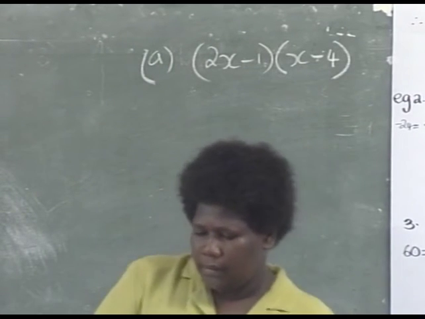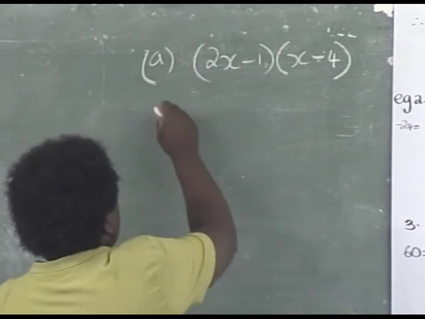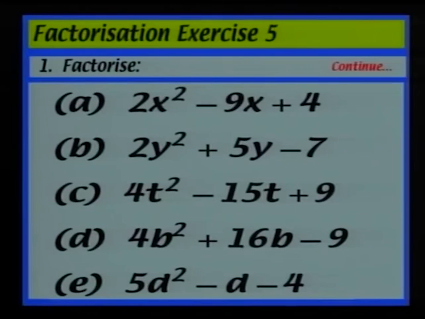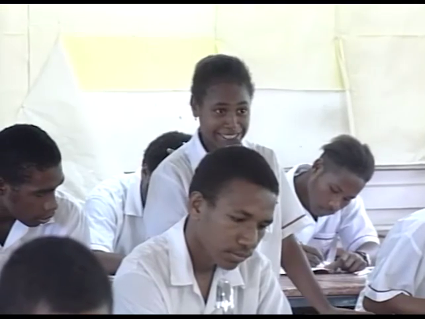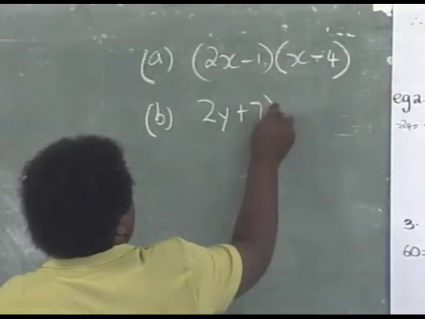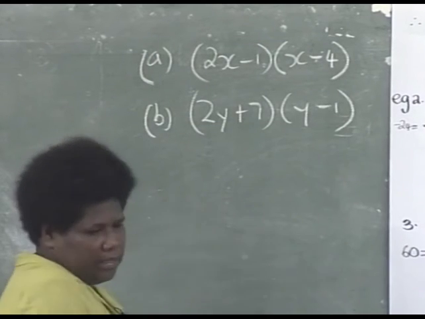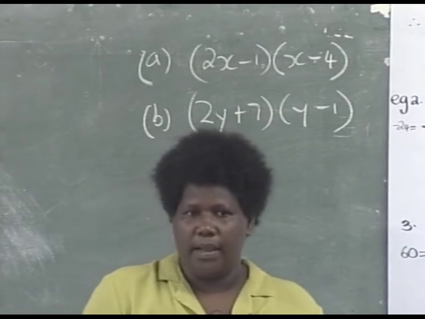Letter B, Natasha? 2y plus 7 times y minus 1. All right, 2y plus 7 times y minus 1.